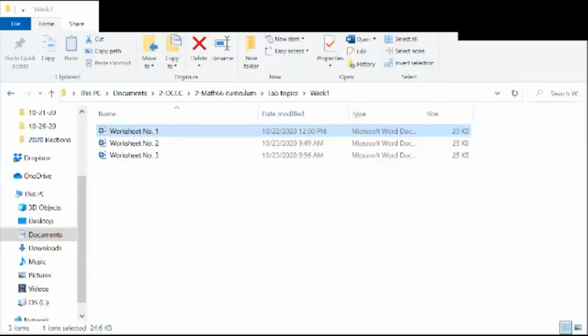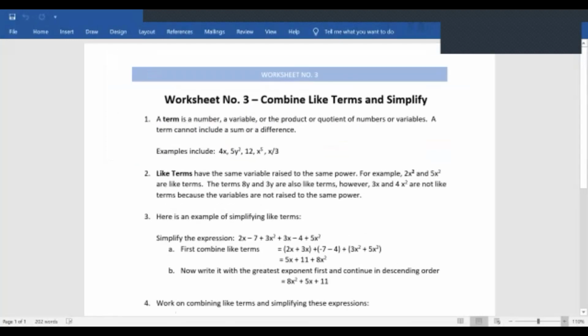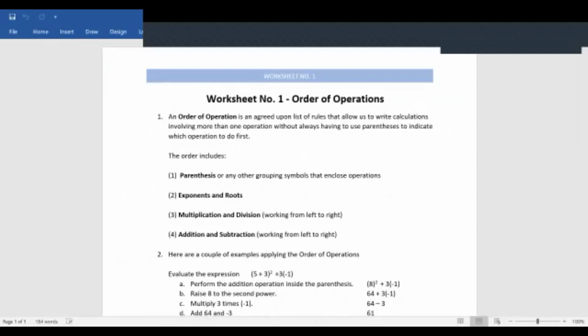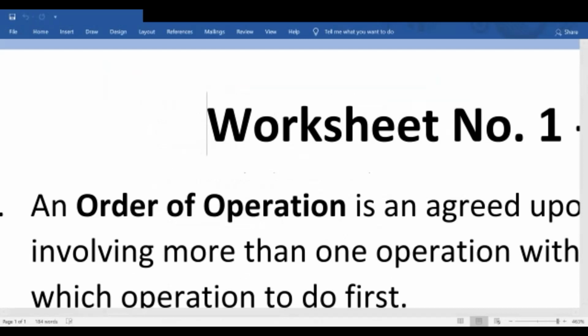Okay, so here, I'm going to post this in Canvas too. Can you all see my screen? Let me make it a little bigger. Oh shoot, it's the wrong one. Just a minute. Can you see a screen called worksheet number 1? Yeah. Okay, perfect. Order of operations? Yep. Oh, geez, wait, just a minute.